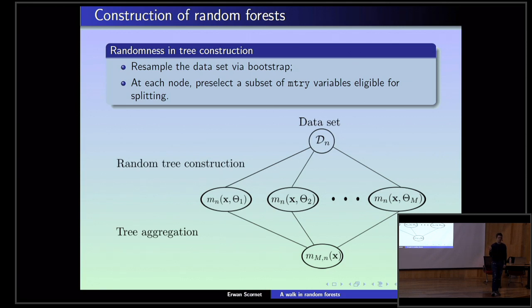So I would say that by default, using Bootstrap is a good thing to do, and at least in practice, there are no examples that show you that you need to do anything other than Bootstrap. And in theory, studying Bootstrap is really complicated, so we prefer to analyze subsampling.